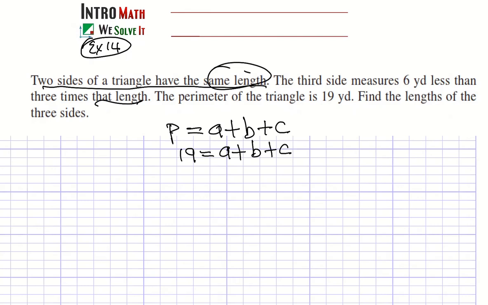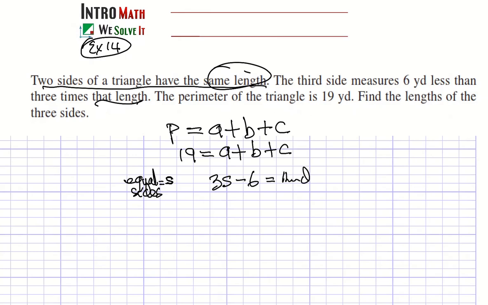Let's say the two sides that are the same are S. Then the third side measures 6 yards less than 3 times that length. So 3 times S, 6 yards less, minus 6, is equal to the third side.